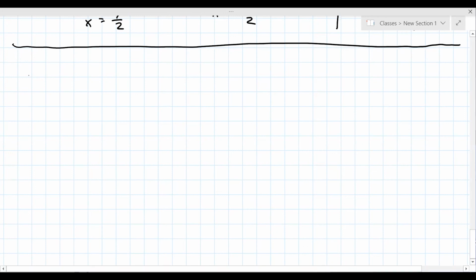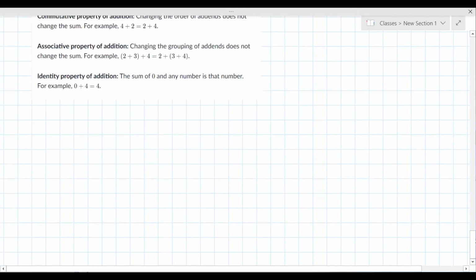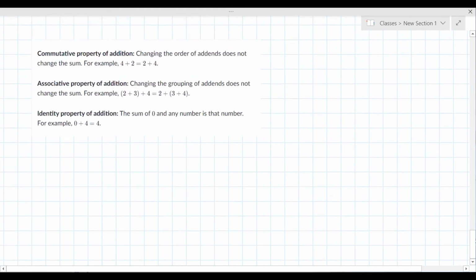Hey, Chris. It looks like you've got some questions on some properties here. Do you need some examples of these, or are you trying to use them in a homework question? Just a homework question. All right. For the homework question, is that something you can tell me verbally? Sure. Whenever you're ready.